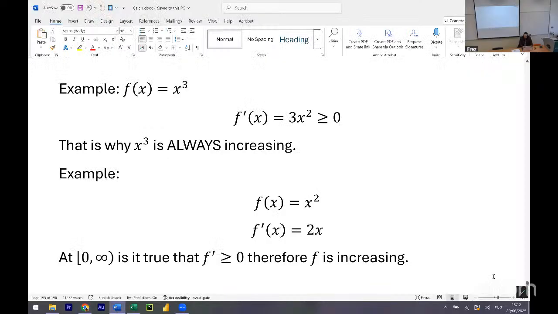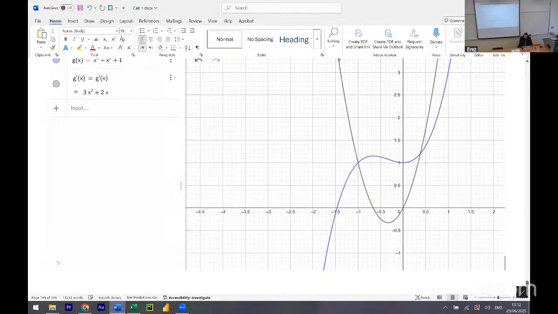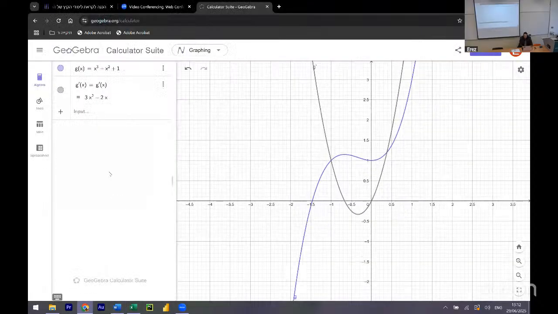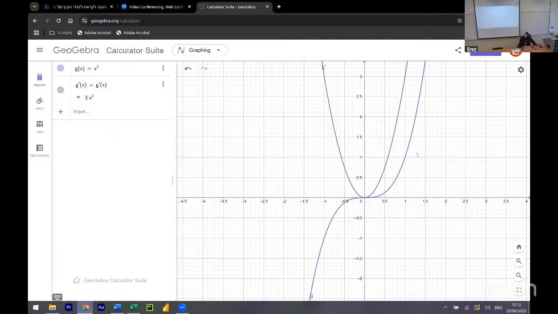But that isn't a completely increasing function. It is. That's exactly x cubed. Look at x cubed. Is x cubed a completely increasing function?